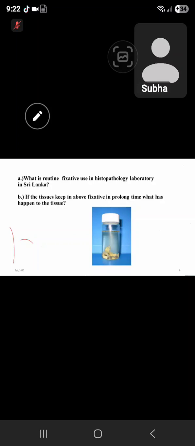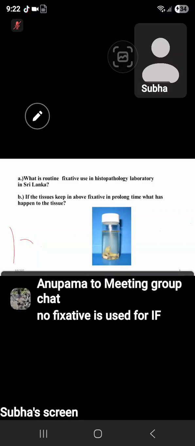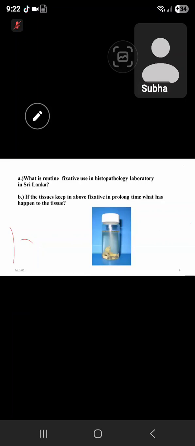To demonstrate lipids, enzymes, and for immunofluorescence studies, we do not use fixatives. The sample should be sent in normal saline or in a transport media such as Michel's media.